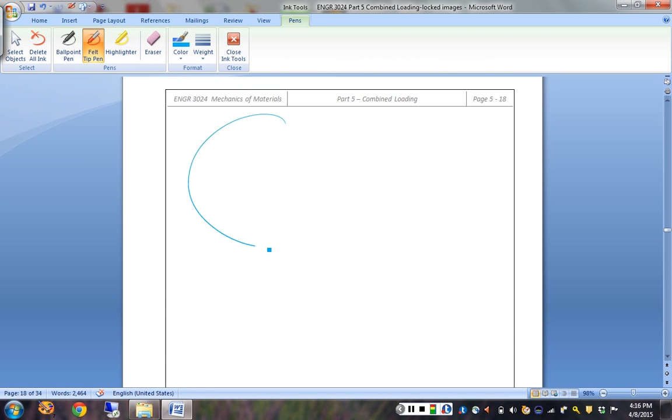So if I have my whole cross-section, and I have a shear force V, where is my worst case shear stress? The center, right? It's quadratic, and it's at the neutral axis.